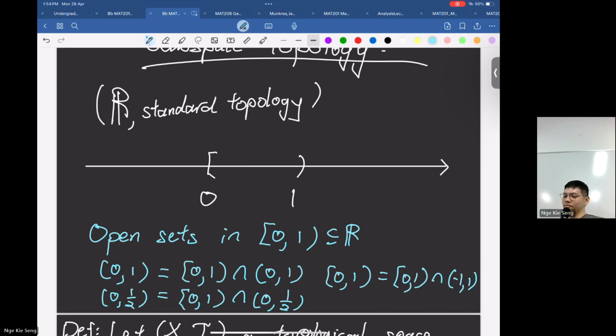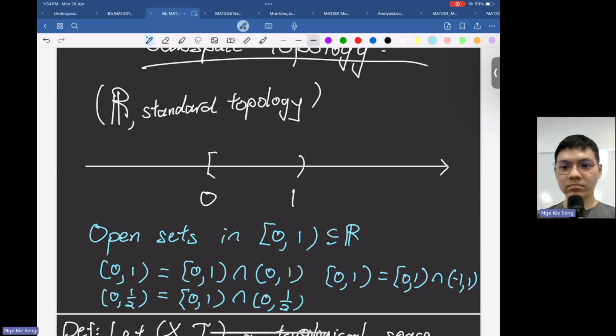Okay. Can you find something that's not open here? I think there are quite a few things you can find, but they need some construction. Never mind.